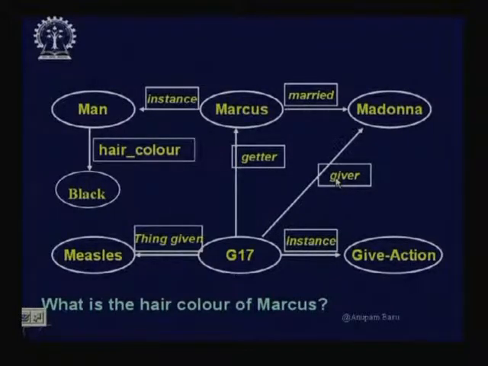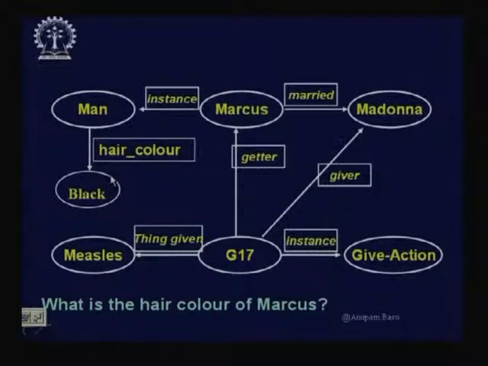Now, here is another example. What is the hair color of Marcus? Now, let us look at the semantic net. What does it say? We have seen a similar example in the last lecture. Man is a class, hair color of man is black. All right. Is it generic or is it default?